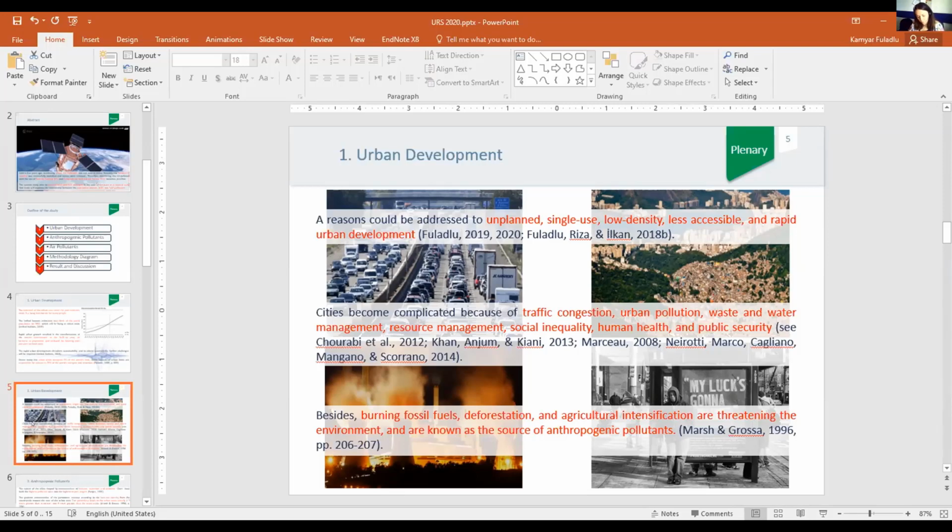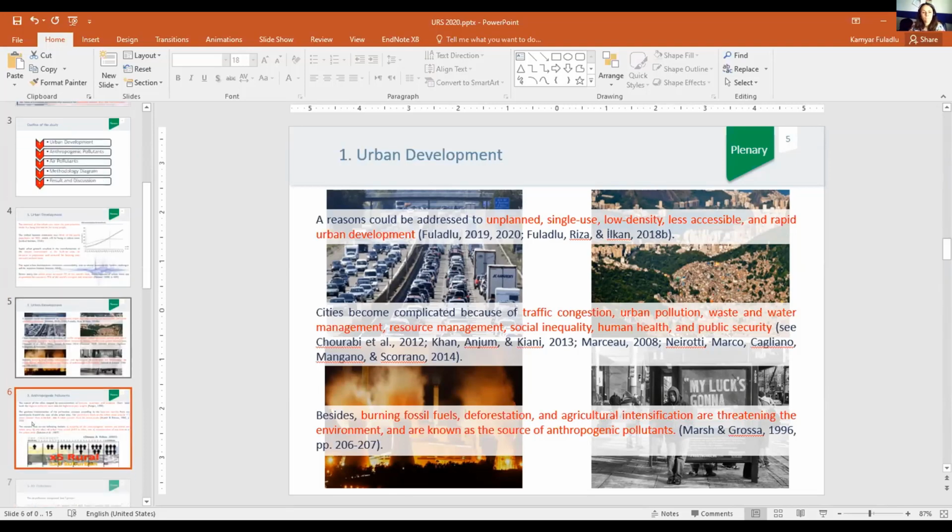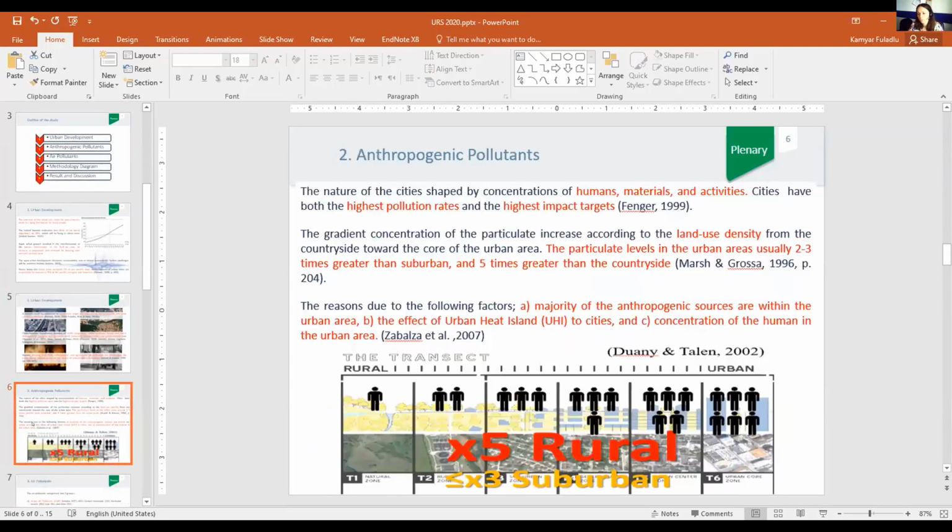And they also result in anthropogenic pollutants. So the nature of the city, we know, is shaped by the concentration of human, material, and activity. Therefore, the city always has the highest pollutant rate and highest impact target. As you can see, I put a transect from the rural to the urban area.